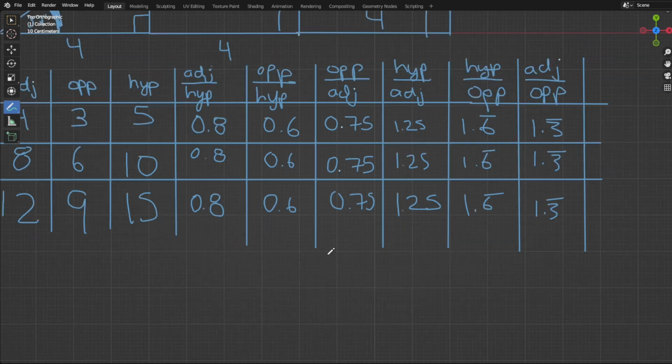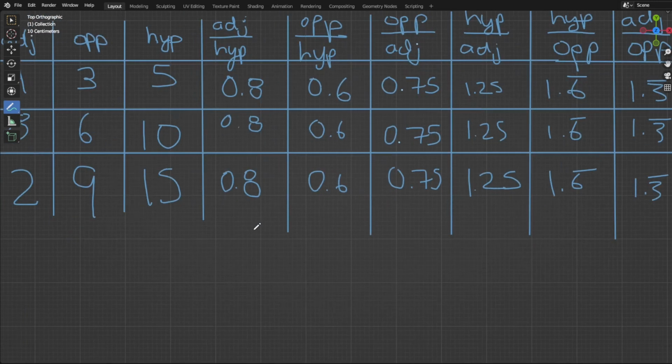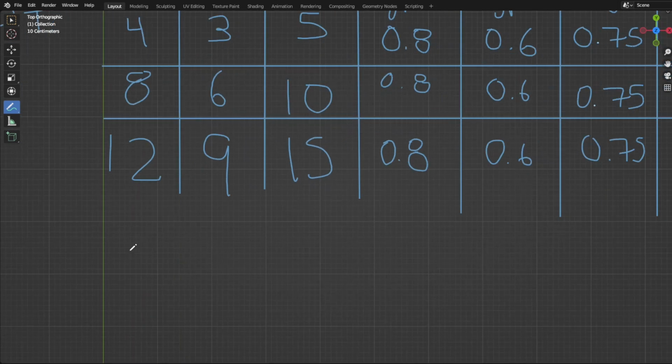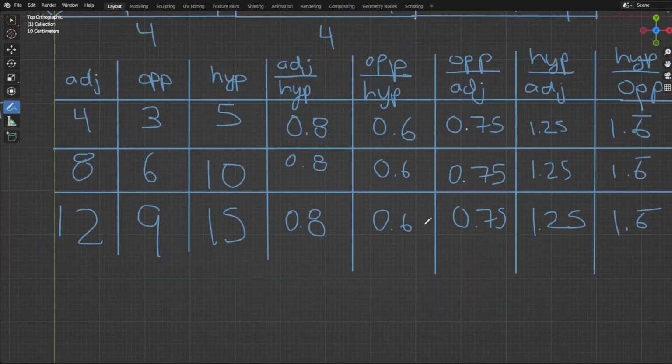And so what people did is they said, all right, the cosine of 37 degrees equals 0.8. And then they said the sine, well, actually, no, I'm going a little bit ahead of myself. What they did is they gave these ratios labels. They're like, okay, this one's the cosine.